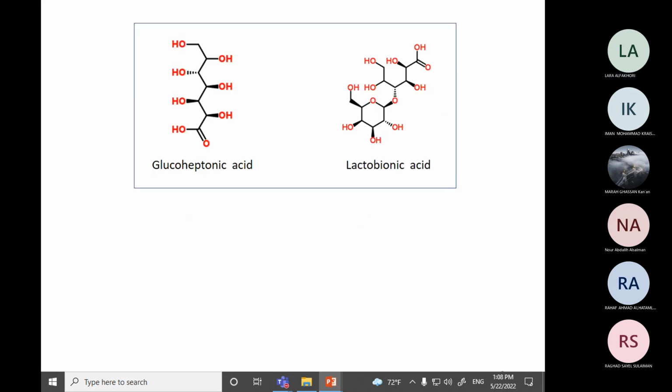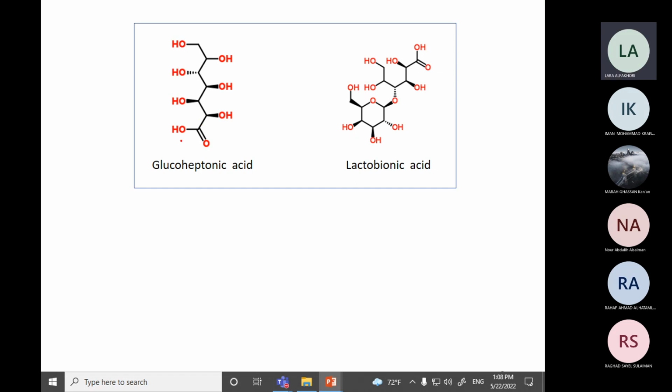Okay. As I've mentioned, since we have an ionizable group, we can generate salts out of this compound. Depending on the counter ion, its solubility in water either increases or decreases. If the counter ion is glucoheptanoic acid, do you think such a salt will increase or decrease in water solubility? Definitely increase.